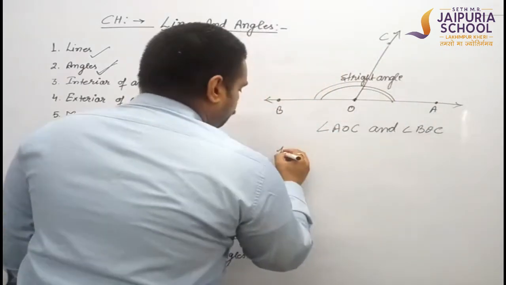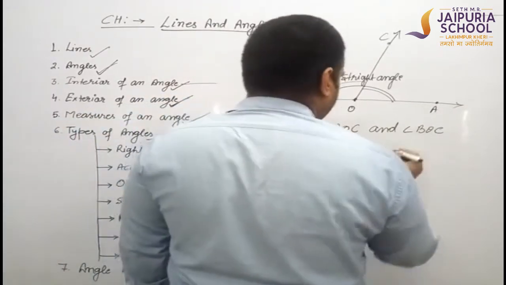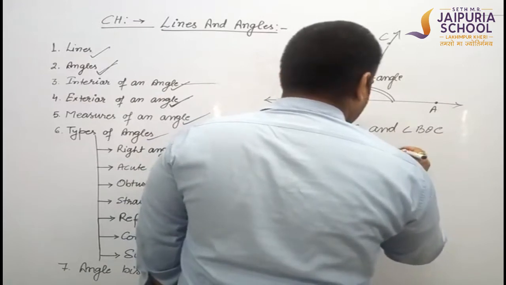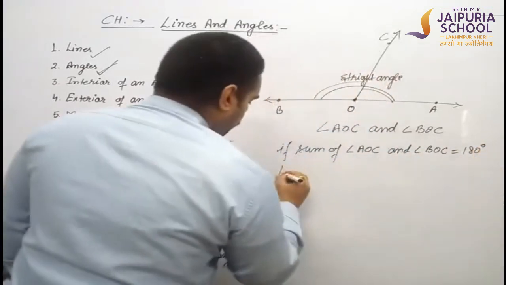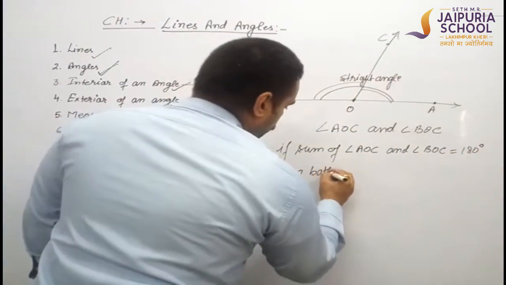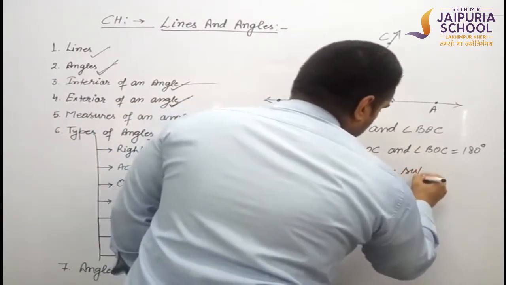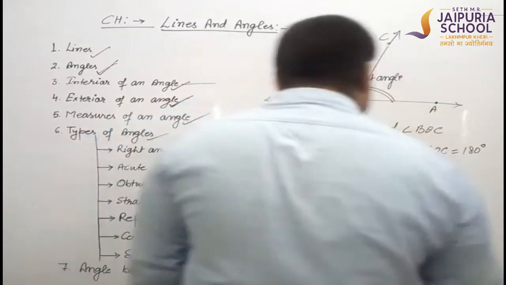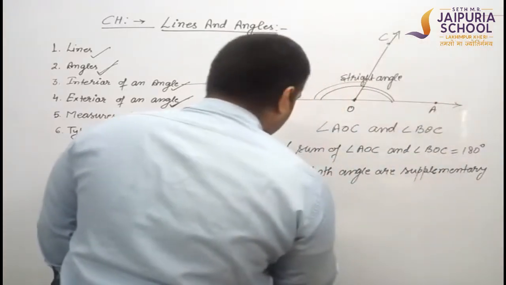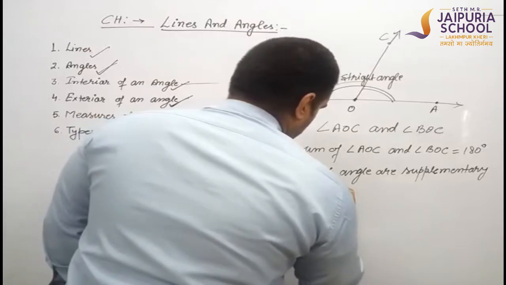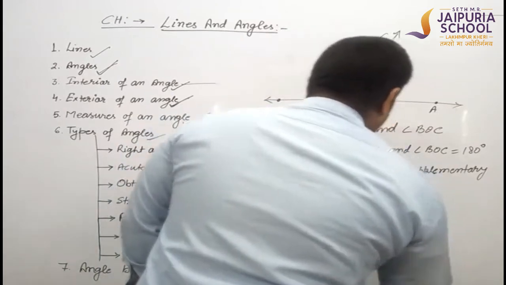If the sum of angle AOC and angle BOC is equal to 180 degree, then both angles are supplementary angles to each other.